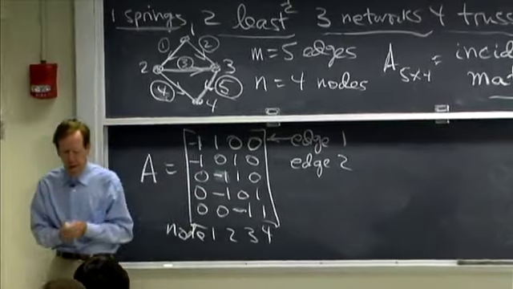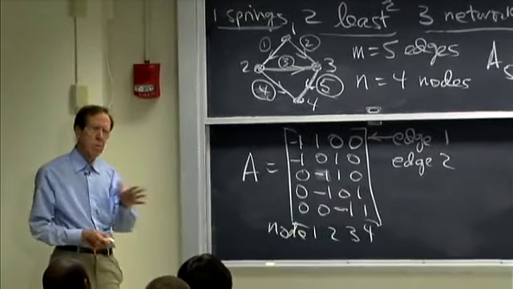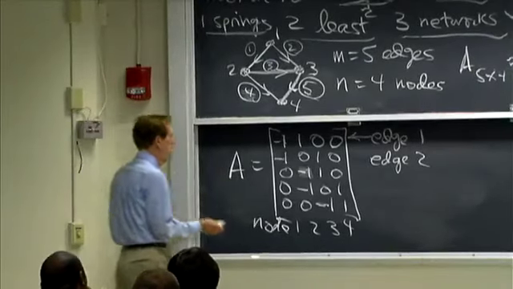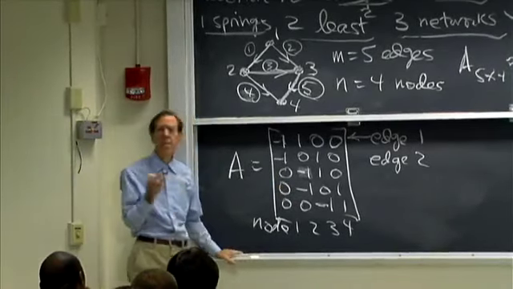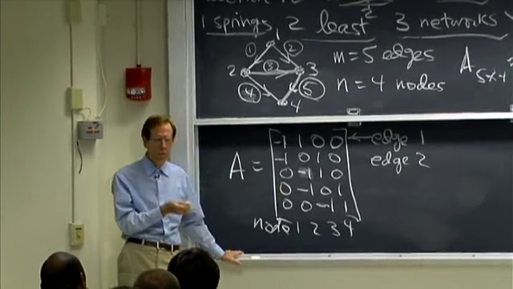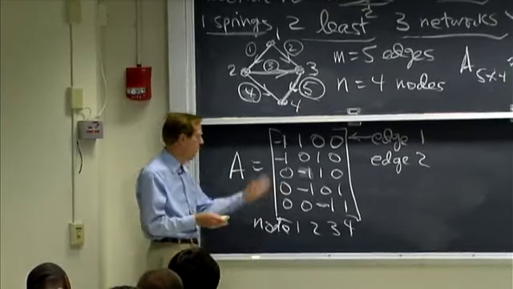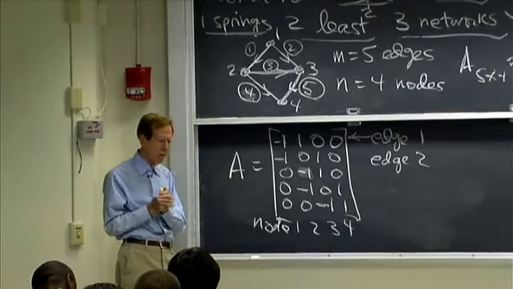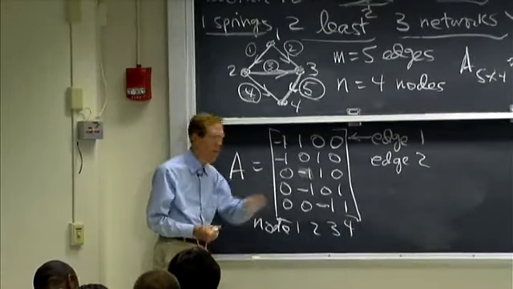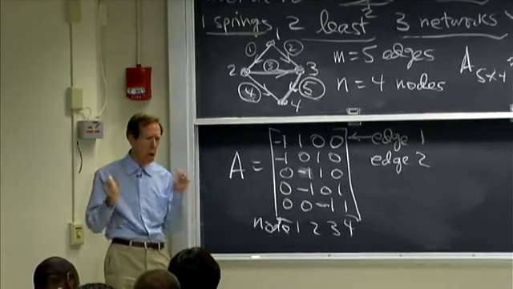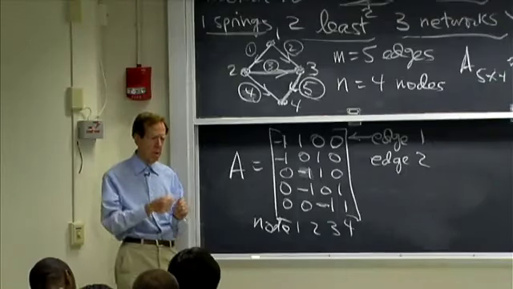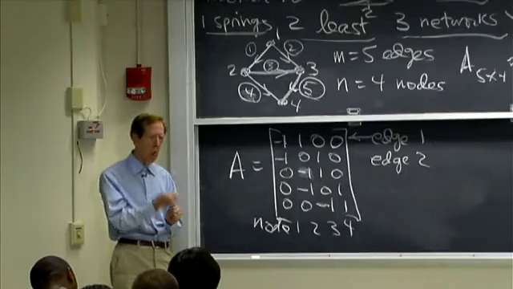First, tell me about Au equals 0, because we brought up that subject already. Are those 4 columns independent? I've got 4 columns. They're sitting in 5-dimensional space. There's plenty of room there for 4 independent vectors. Are these 4 columns independent vectors? No, they're not. Because what combination of them produces the 0 vector? 1, 1, 1, 1.